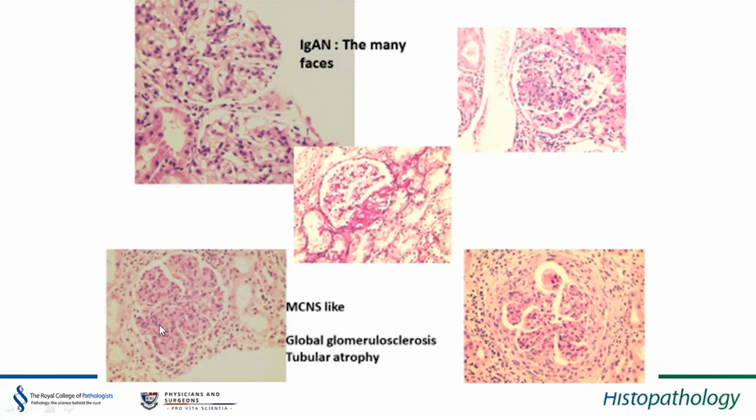Look, you can barely discern the capillary lumens. And here you have a crescent. So this tells you the many phases. It can have a mesangial pattern, it can be MCNS-like, it can have focal proliferation with necrotizing lesions, segmental sclerosis, it can have endocapillary proliferation, and it can also have crescents. So these are the many phases.